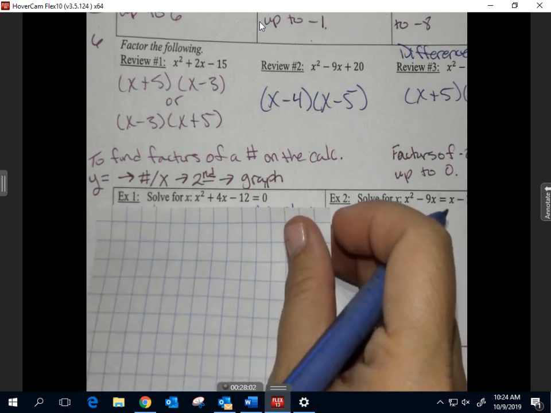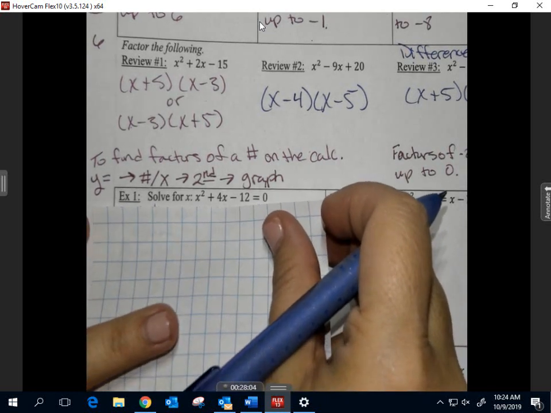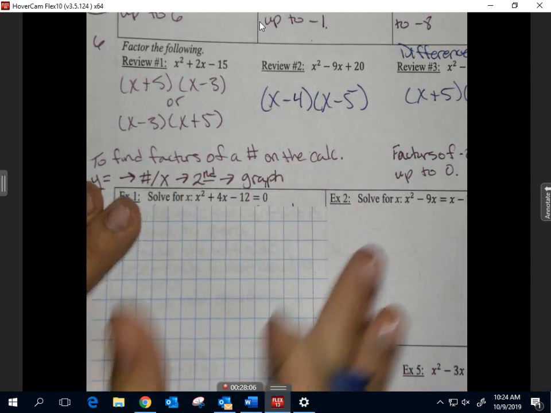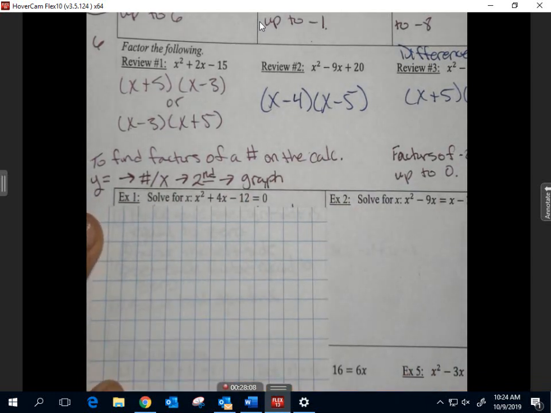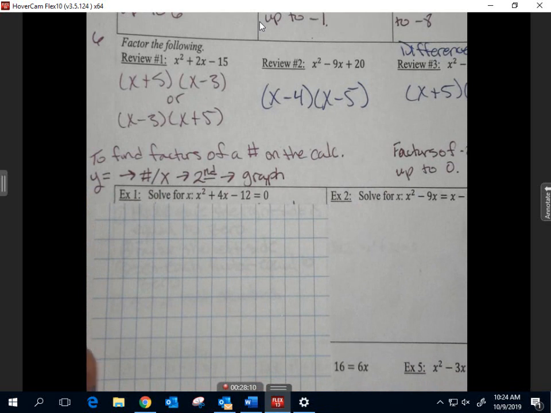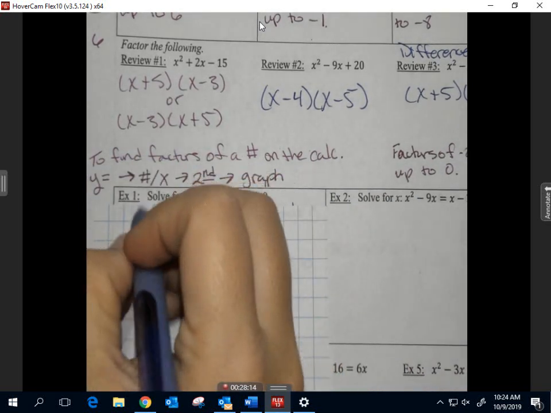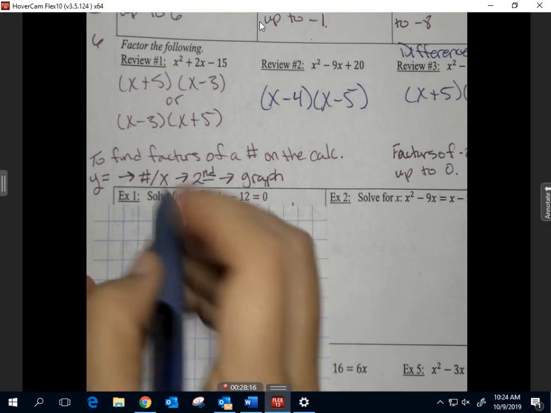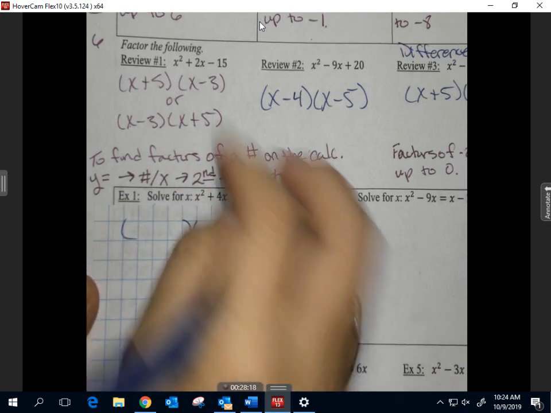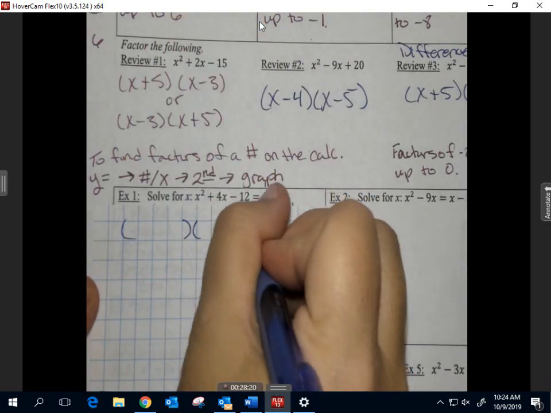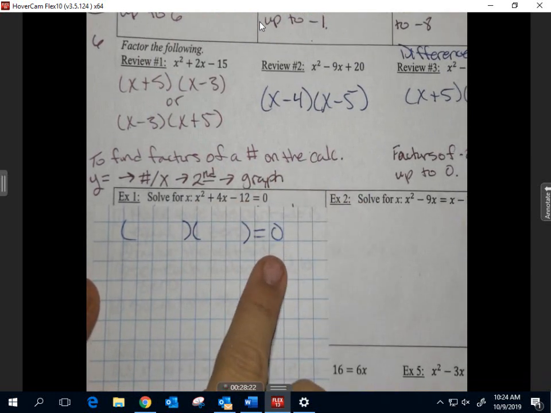Alright, so first we have to make sure that the right-hand side of the equation is equal to 0. Check, right? Number 1 is check, so we don't have to do anything. Number 2, factor the left-hand side, like we did above. But we have to make sure it still equals 0.